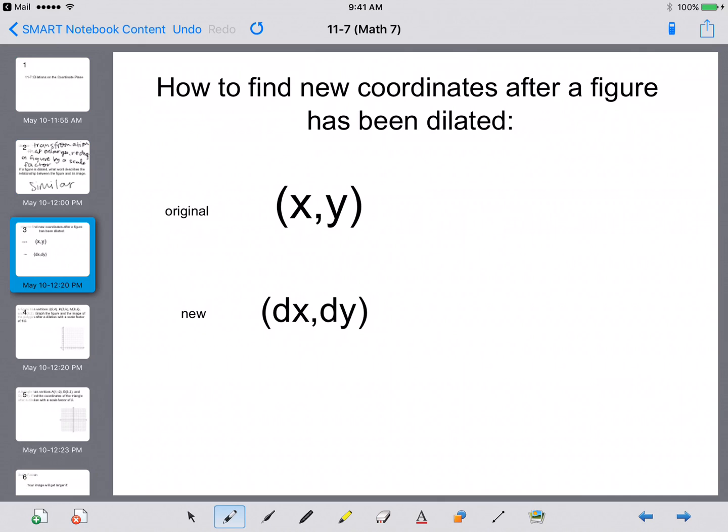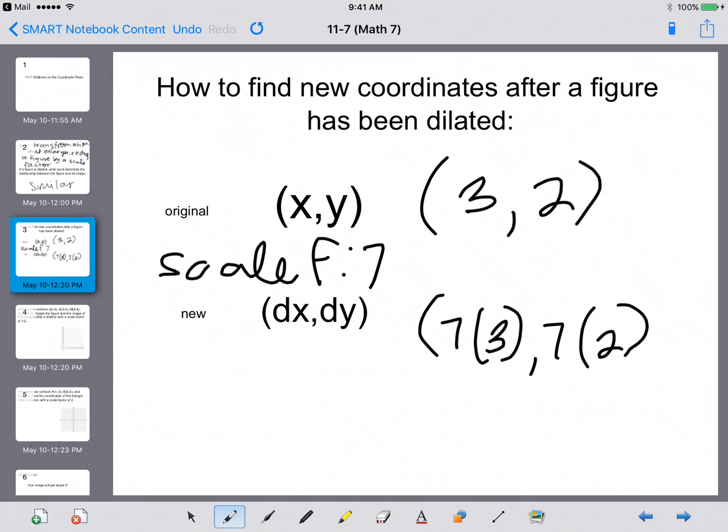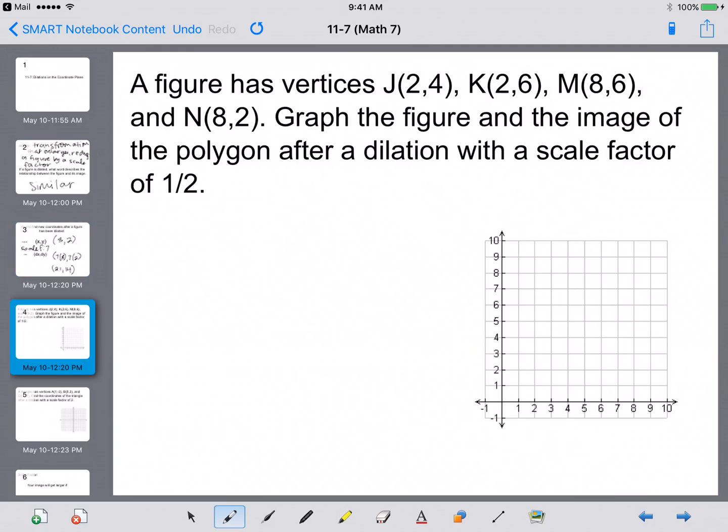So if your scale factor is 7, and let's say we have 3, 2, with a scale factor of 7, we're going to take 7 times 3 and 7 times 2 to get our new coordinate of 21, 14. So all you do is take your coordinates and multiply them by whatever your scale factor is.